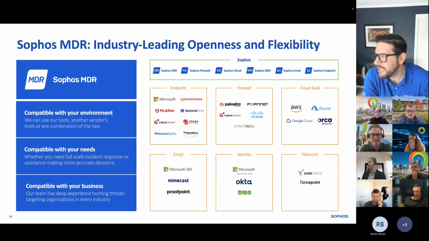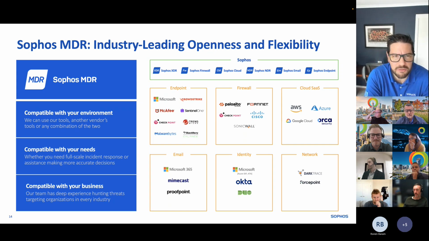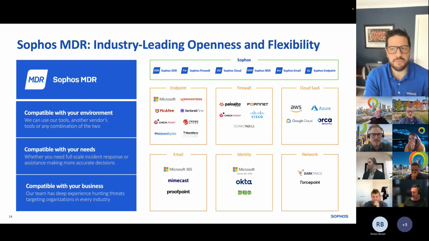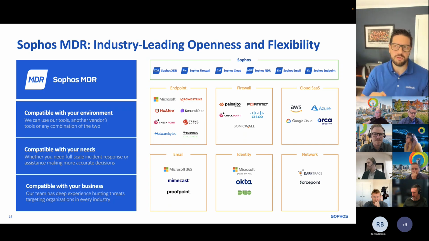Firewall, cloud, email, identity, so things like Okta and Duo, a lot of customers are moving to those platforms now. And of course, network, so Darktrace, ForcePoint, and the list goes on. So the entire environment within the customer across multiple vendors, all the telemetry can be pulled in for the IT teams to sit there, pull it apart, and protect the customers.